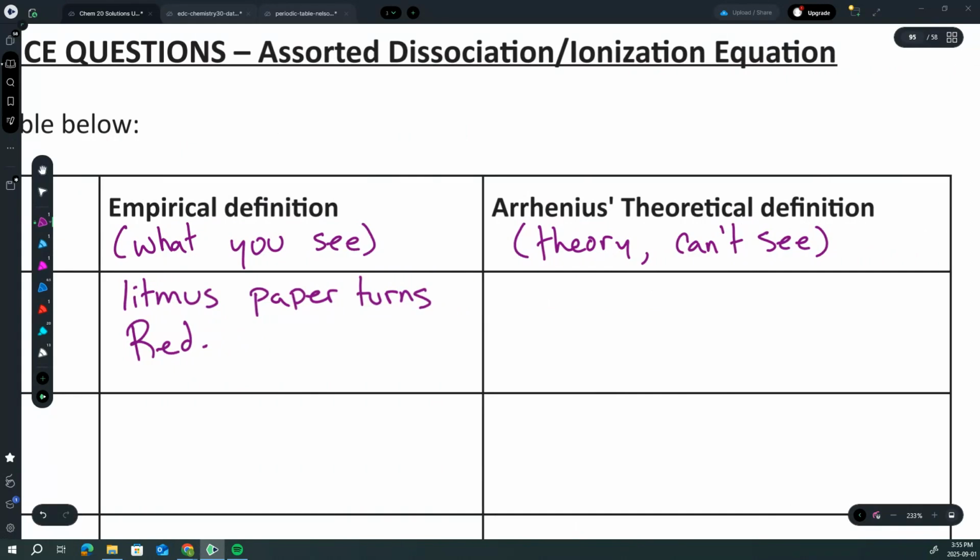Okay, now Arrhenius's theoretical definition. Arrhenius is a scientist that studied acids and bases to come up with a definition for them. Now, for Arrhenius, he said that acids ionize in water to produce hydrogen and whatever anion. That's a negative ion.